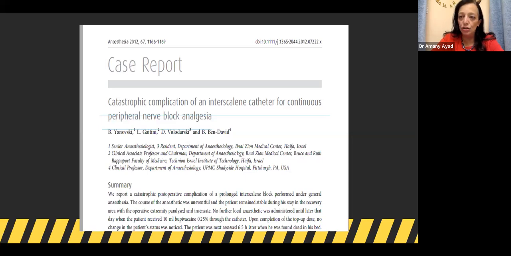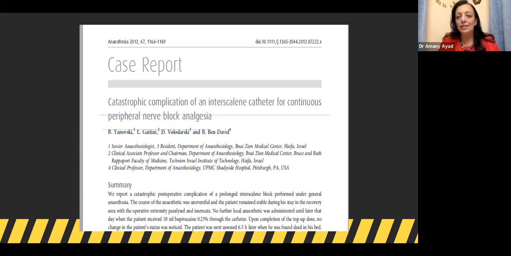He went to the ward. Everything was perfectly okay. Late in the evening, he started complaining of pain, so the anesthesiologist went there, gave him a bolus in the interscalene catheter, and stayed there for 20 minutes. Everything was calm and perfect, and he started to have some analgesia. The doctor went to the OR again, and in the morning, they found the patient completely cyanosed and arrested.